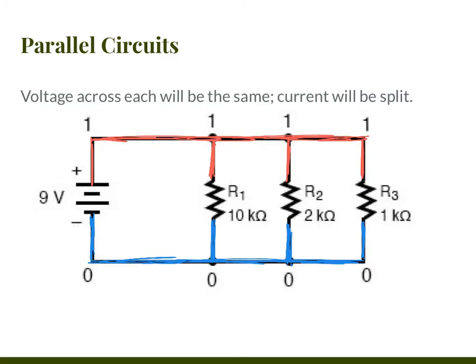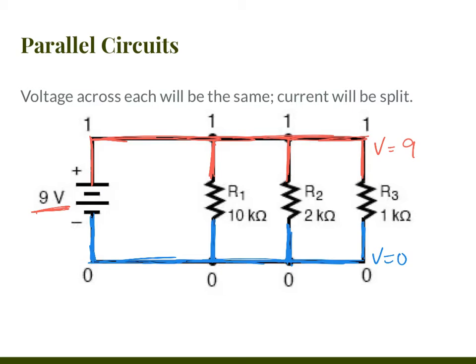This potential, the blue one, is connected to the negative terminal, so that has to have a potential of 0. And all of the red is connected to the positive terminal with no resistors, so their potential has to be 9 volts according to the battery.